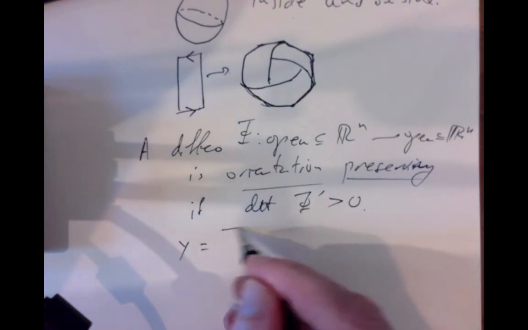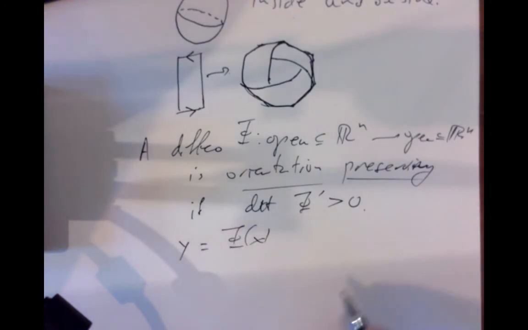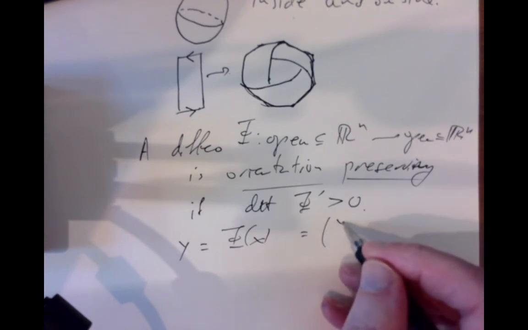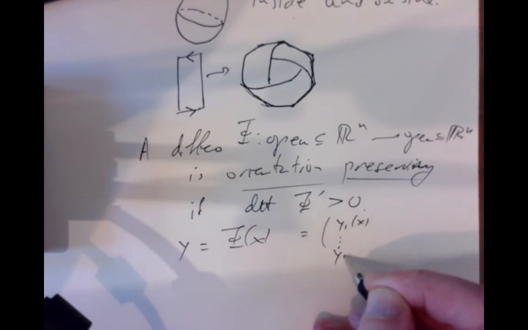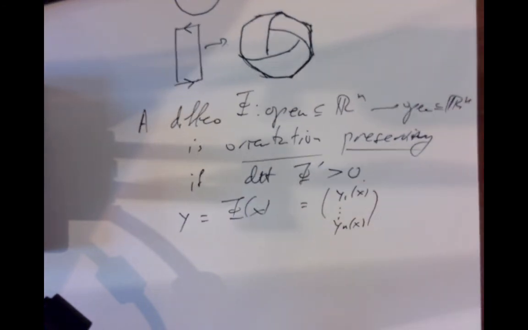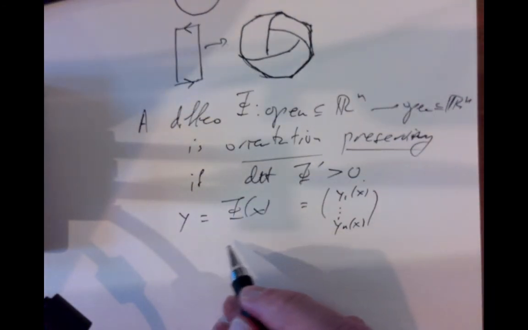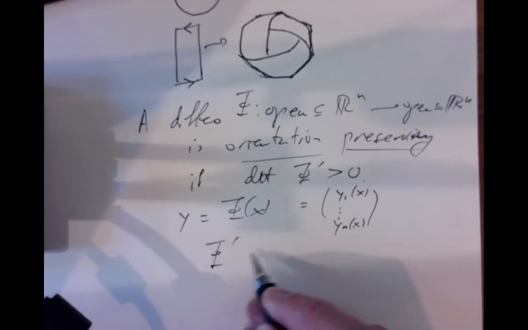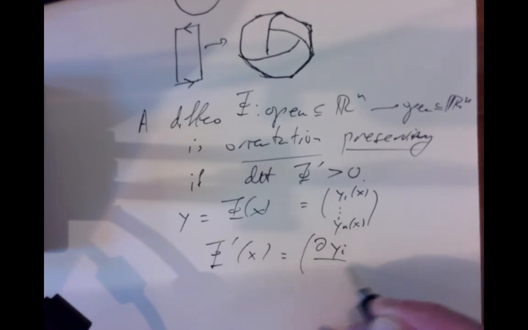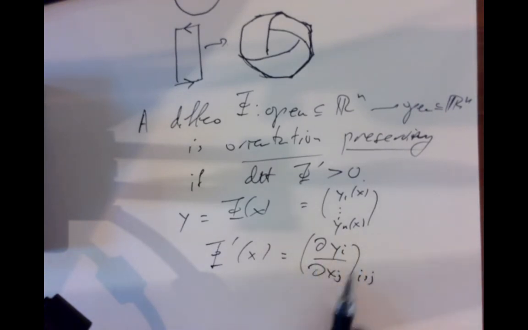If I have y equals phi of x, then I can write that as y1 of x, dot dot dot, yn of x, however many there are. And then you're familiar with the notion of the matrix of derivatives. Phi prime, for me, is the notation that I prefer to use for the matrix of partial derivatives dyi dxj over all the i's and j's. In other words, it's the matrix which has these sort of entries.